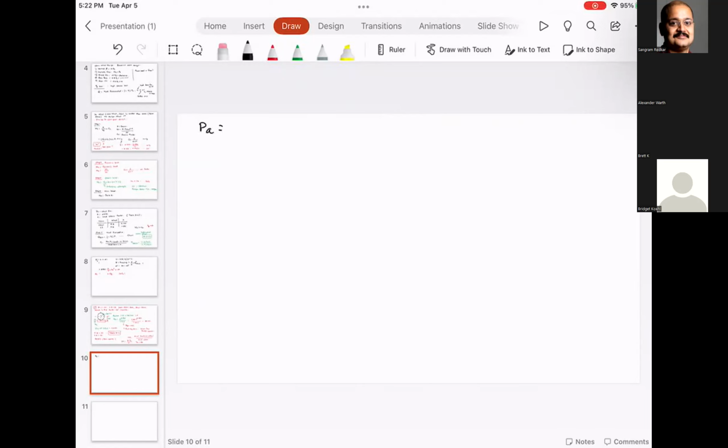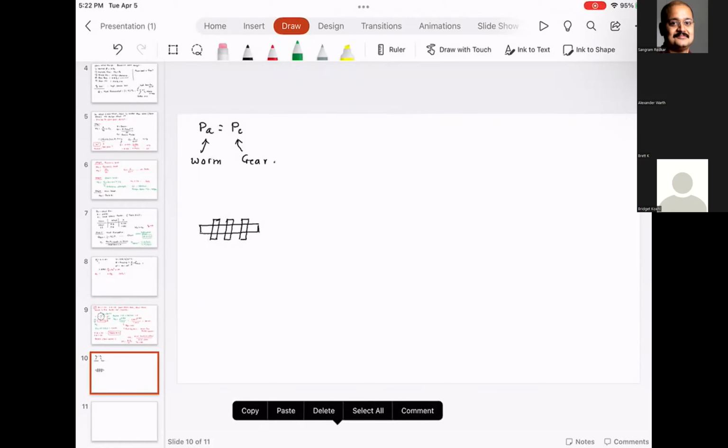I briefly talked about it, but let me explain what that means. At the end of the day, think about it like you have a power screw, and this power screw is meshing with a gear.